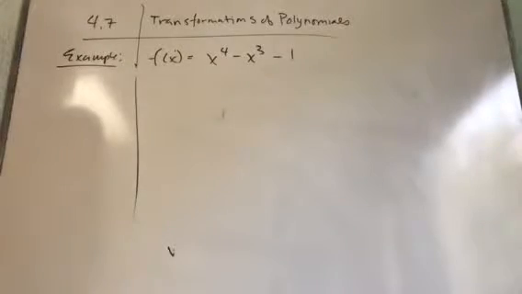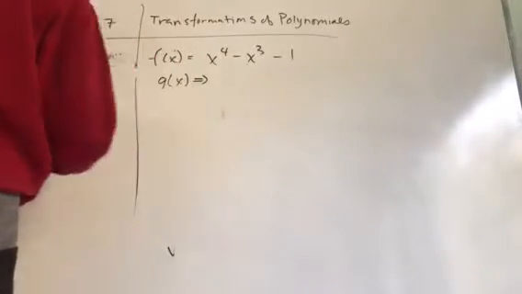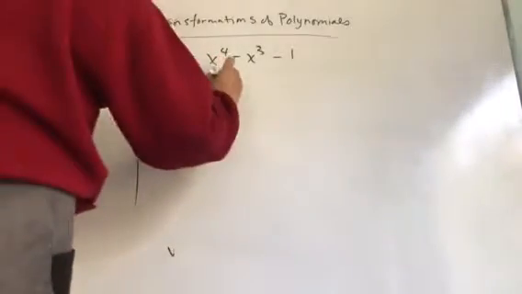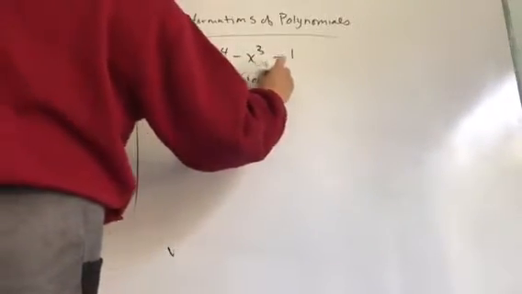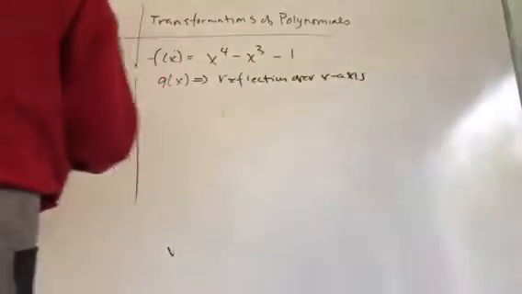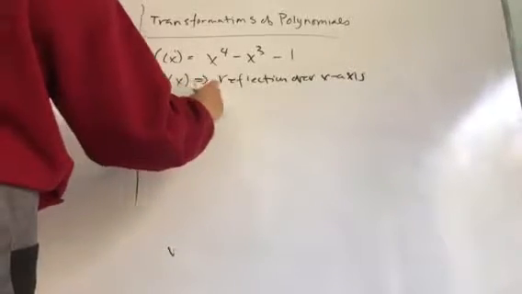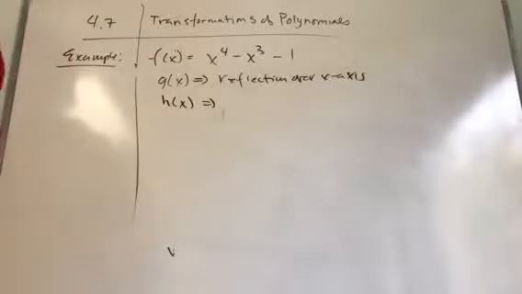Let's see if we can find g of x, where it is a reflection over the x-axis. See if you can find h of x, where it's a horizontal shrink of 3.